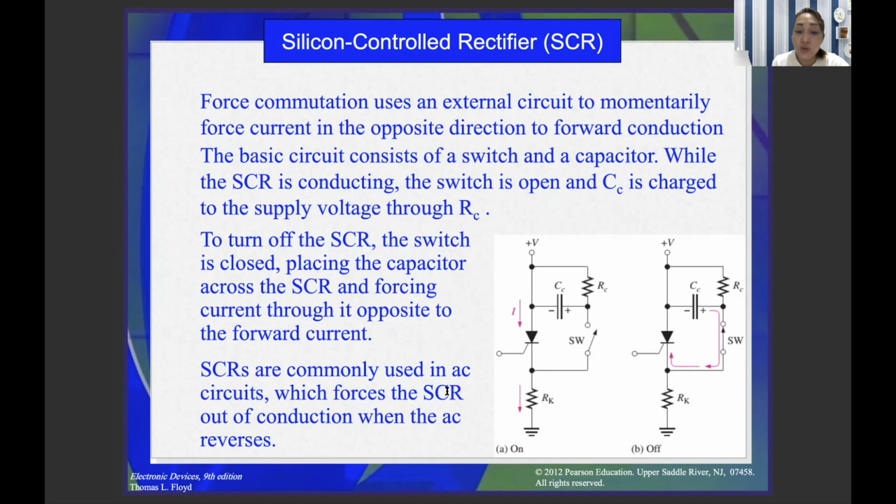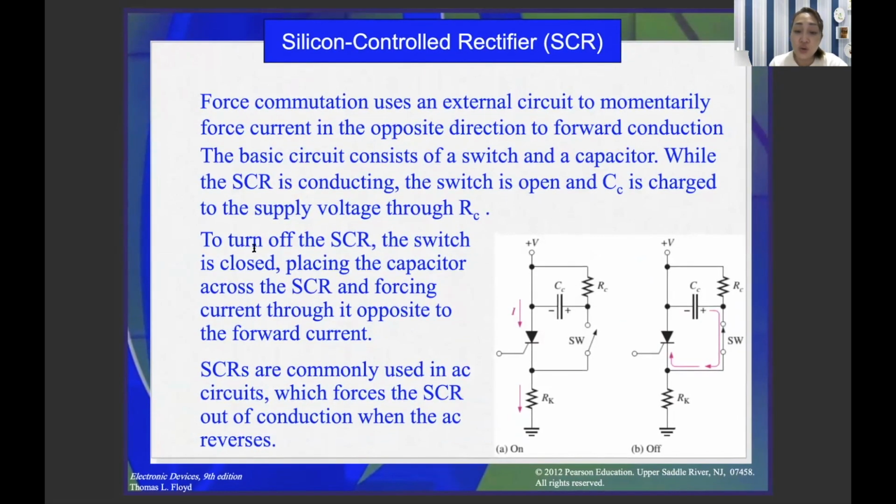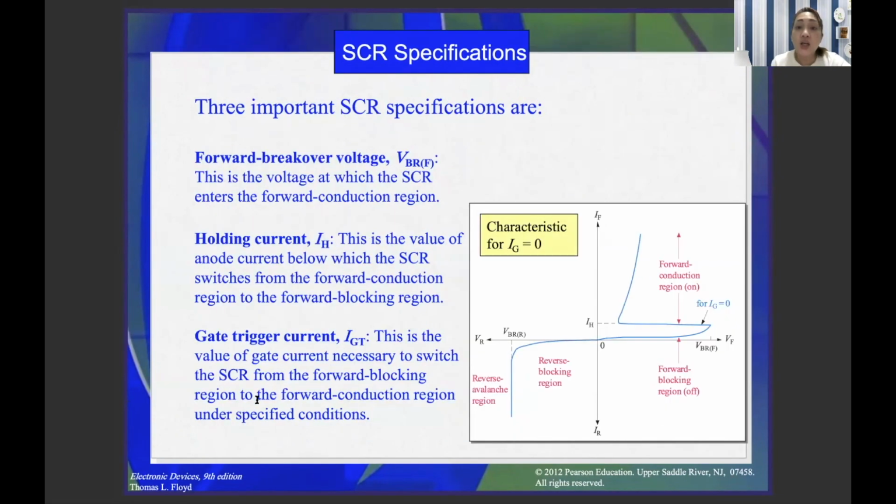SCRs are commonly used in AC circuits, which force the SCR out of conduction when the AC reverses. By using this force commutation, as you can remember, the SCR is a unidirectional device.